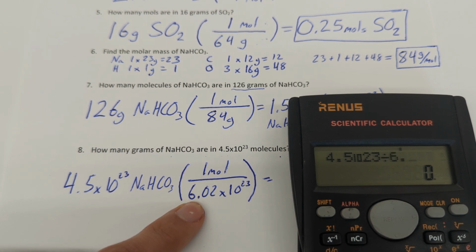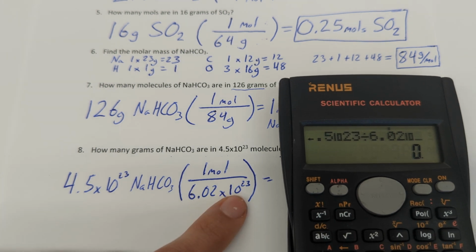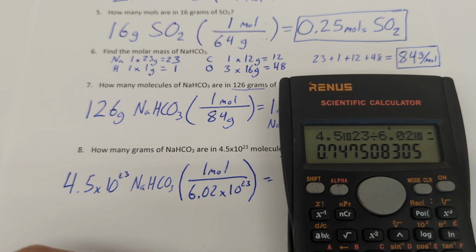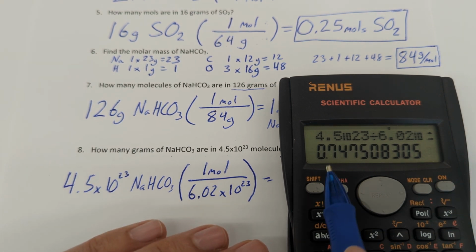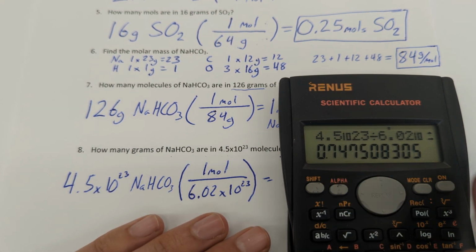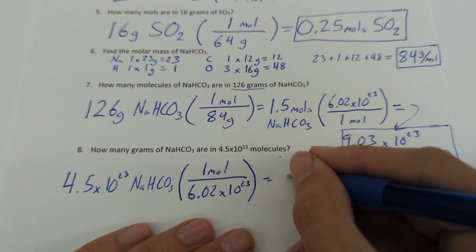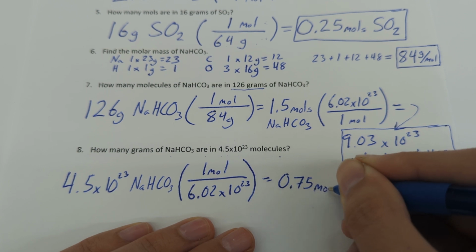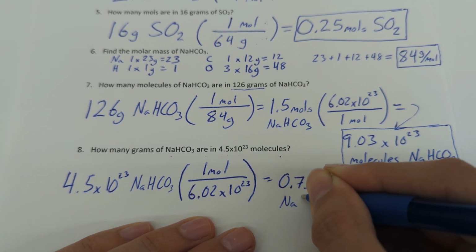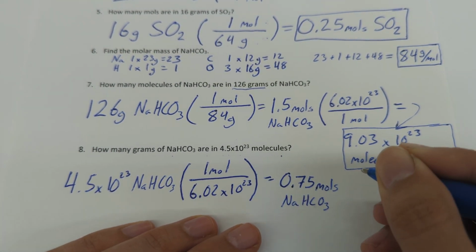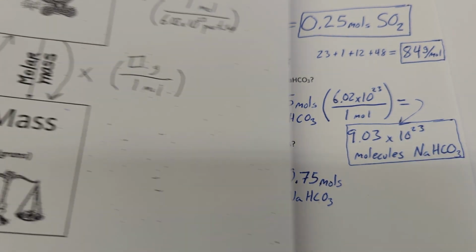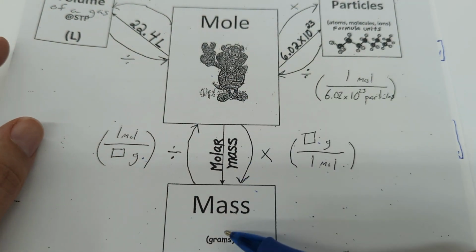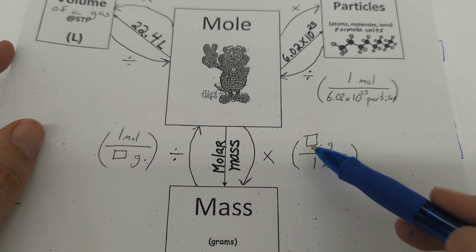So divide it by 6.02 shift log 23 equals, and we have 0.747. We could round that to about 0.75, and our units here are moles of NaHCO3.